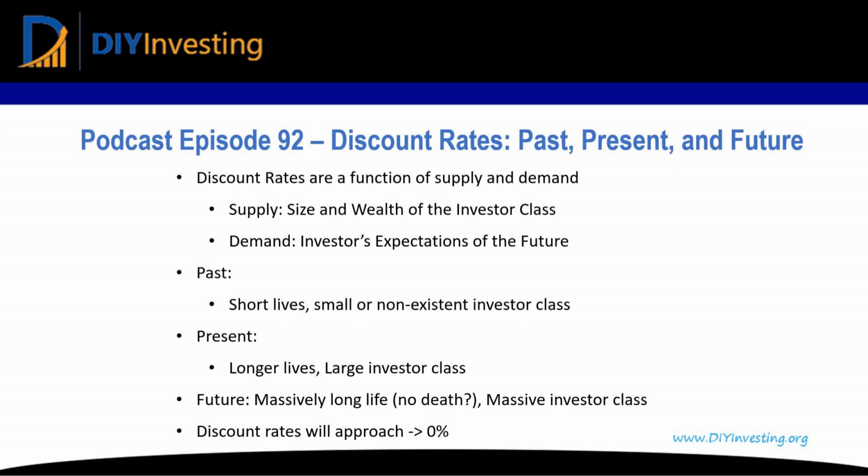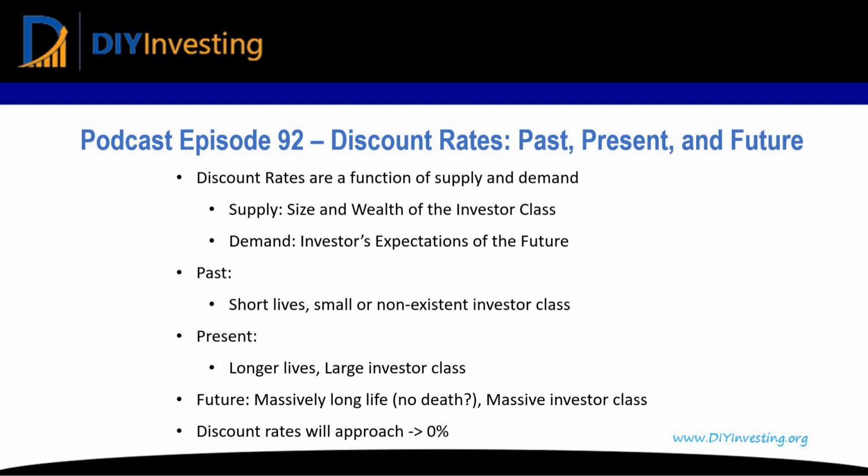But you have now an existing merchant class, and that merchant class is able to engage in commerce that's not solely derived seasonally. Now, some of these trades might occur over years and years and years. If you're doing long-term trade, then long-term loans can make sense, but your discount rates are going to be high.